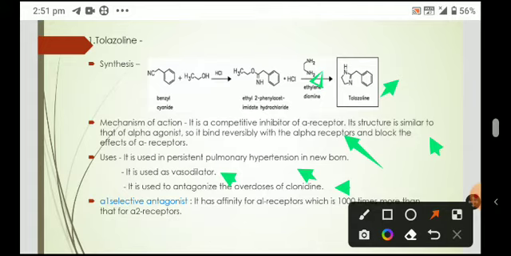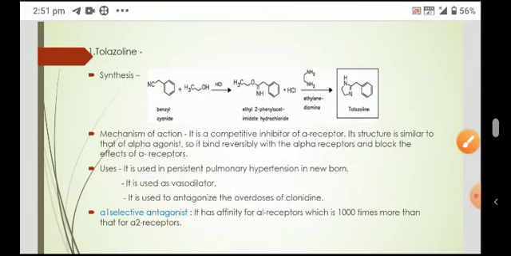Now the next class of the alpha adrenergic antagonists is the alpha 1 selective antagonist. On the basis of the name, it has an affinity for alpha 1 receptors which is about 1000 times more than that for alpha 2 receptors. That is the important thing.